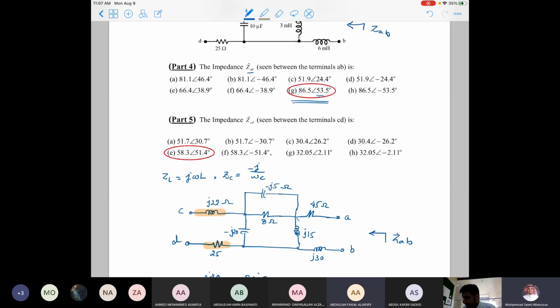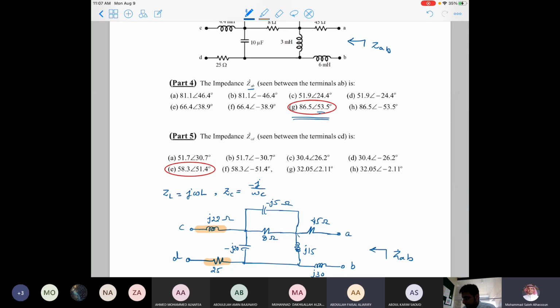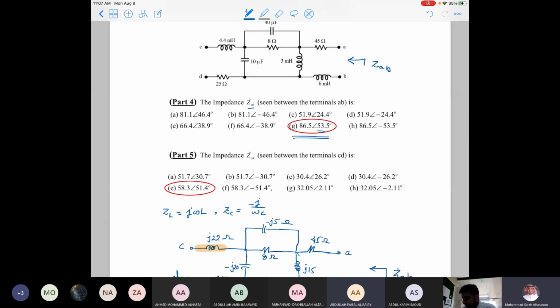Abdullah? So if you need to find A and B, we ignore the resistors on C and D and do the opposite. Yeah, why we're doing this? Why we are ignoring? I'm not sure. So who wants to help him? Can I answer? Yes, go ahead. Because it is in series with an open circuit.